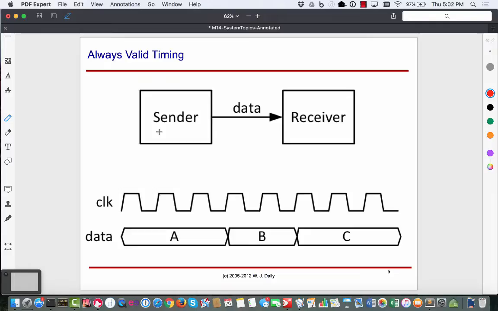Button presses and things like that may not be such that I'm getting a new piece of data every clock tick. What the external world thinks of as one data item may actually span multiple clock ticks. So we have to deal with those kind of issues.